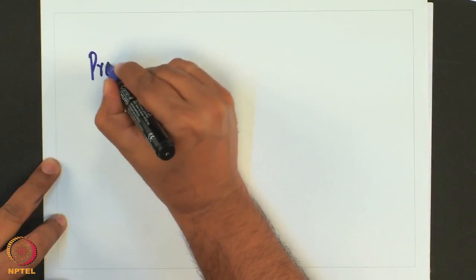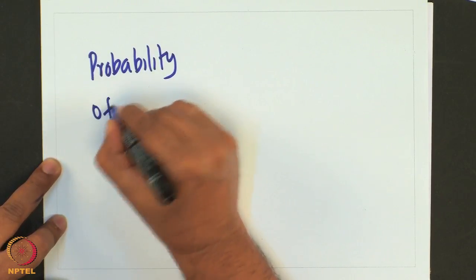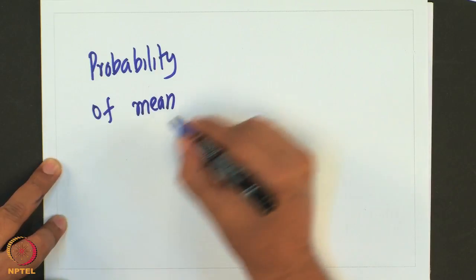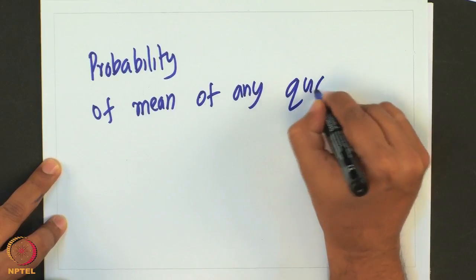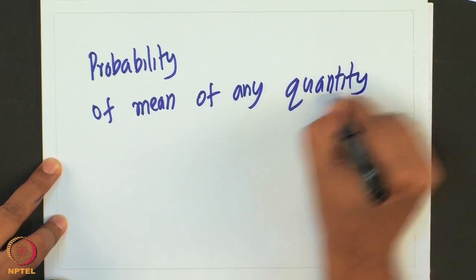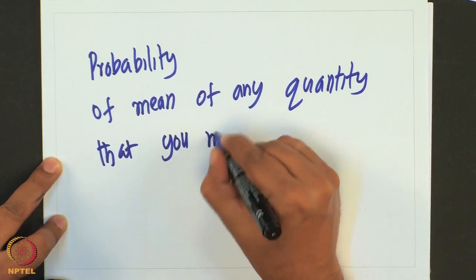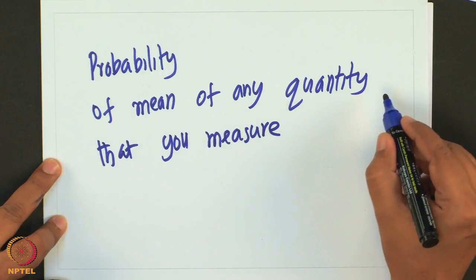The probability of the mean of any quantity that you measure.